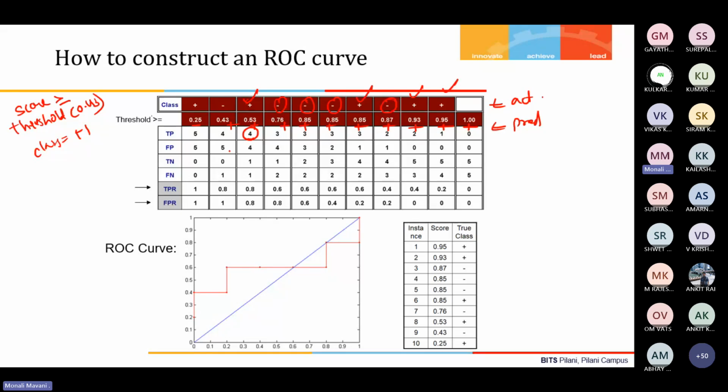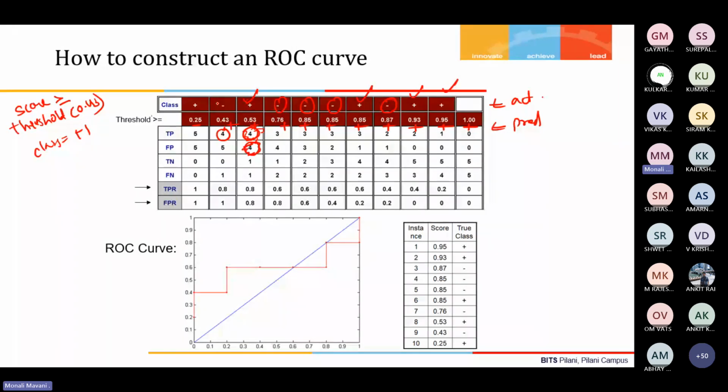Then what about true negative? Sorry, this is wrong here. I was looking at the wrong place. Here, true positives are 4, and the false positives are 5.